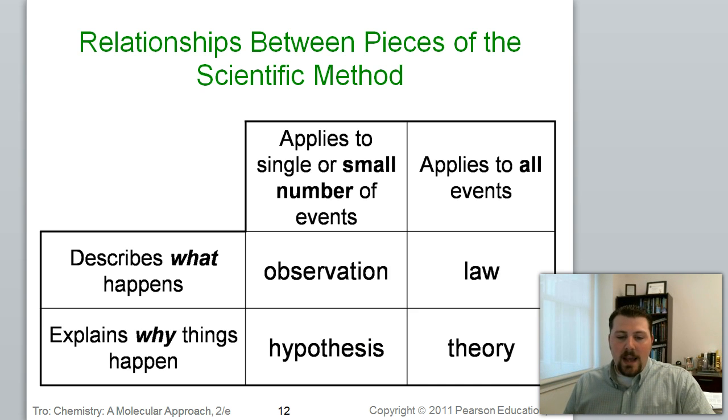But you can understand why by choosing a nice hypothesis that helps to explain why you're making particular observations, and eventually you can turn that into a theory, which helps explain why you're seeing the different things in general. It's arranged in this kind of hierarchy where a theory is what you're aiming for, a hypothesis is what you're starting with, a law is what you're ending with, an observation is what you're starting with, and you want to get yourself to a situation that applies to all events, or all events within the realm that you're interested in. So these would be laws and theories, and that's the ultimate spot that you're trying to reach.